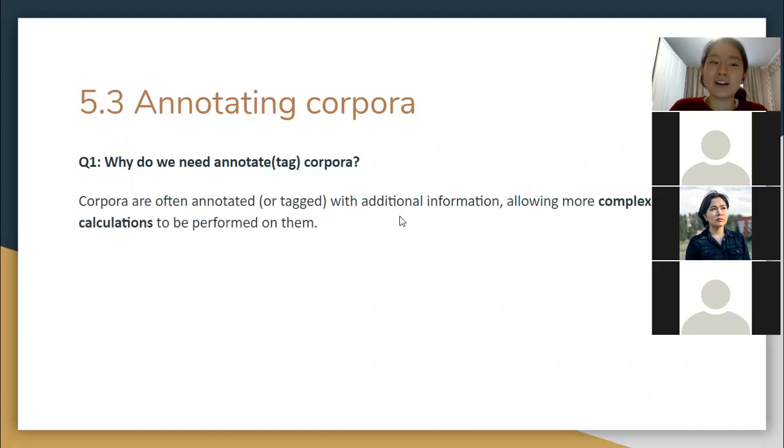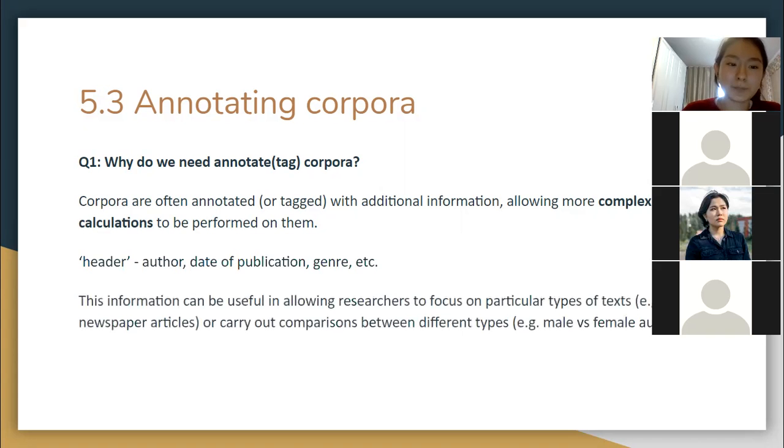So when we annotate and tag corpora, it makes our work more efficient and quicker, and we can focus on more complex calculations in our analysis. For example, we can annotate a header to our corpora by including author, date of publication, and genre.